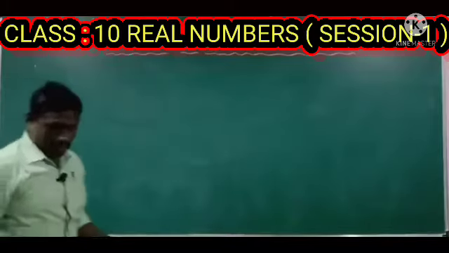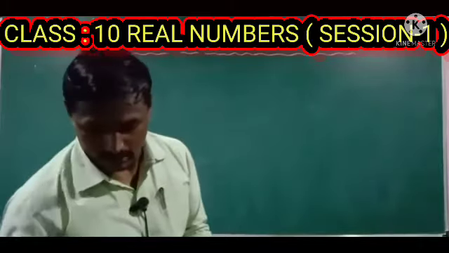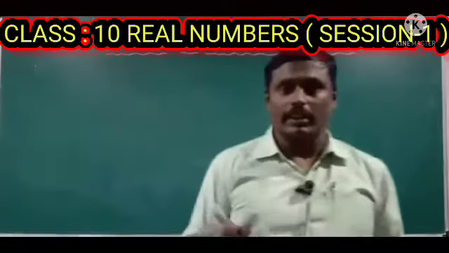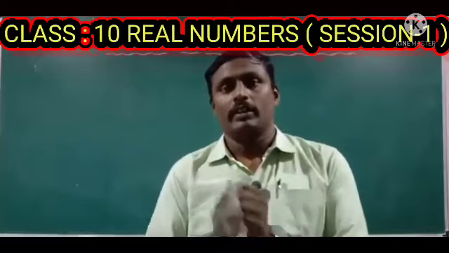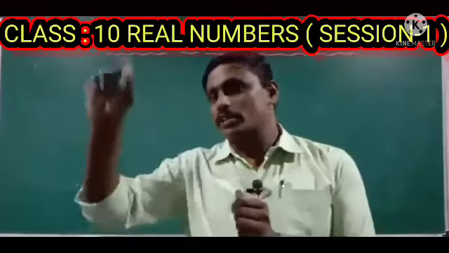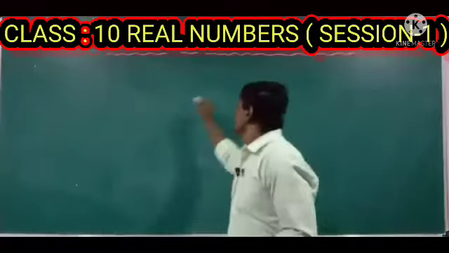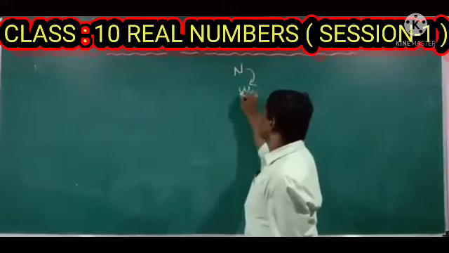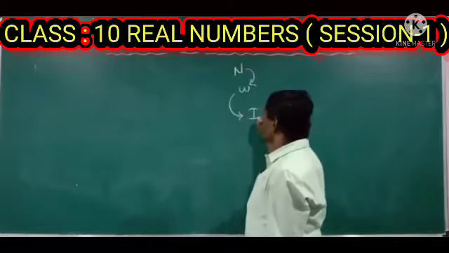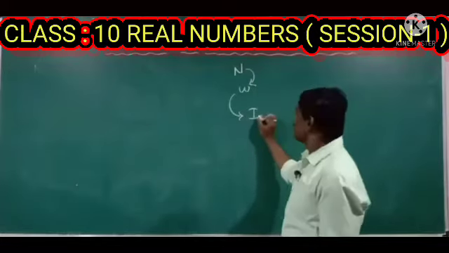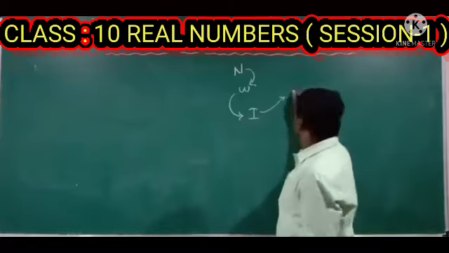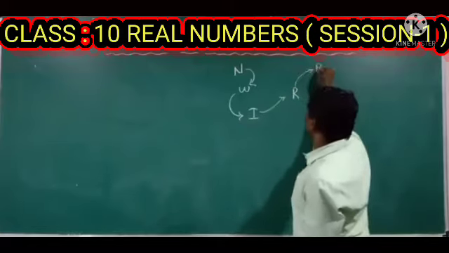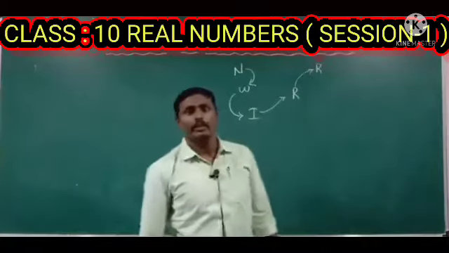Now the main concept is rational numbers. Now you are getting some idea about the numbers. Natural numbers belong to whole numbers. Whole numbers belong to integers. And integers belong to rational numbers. And rational numbers belong to real numbers. Right?